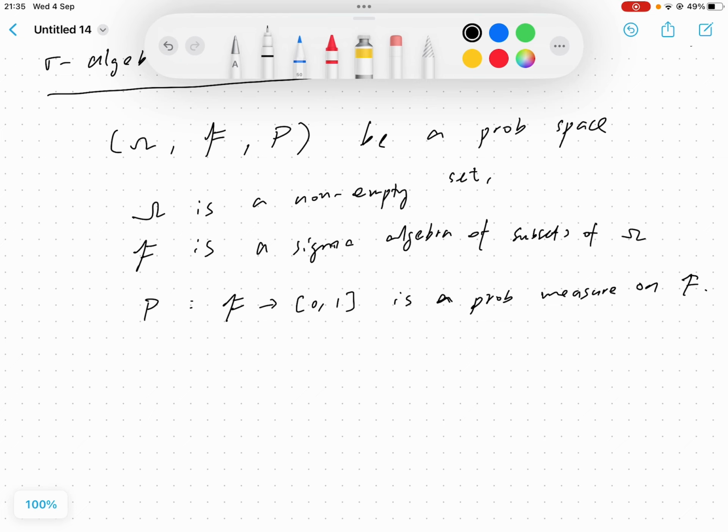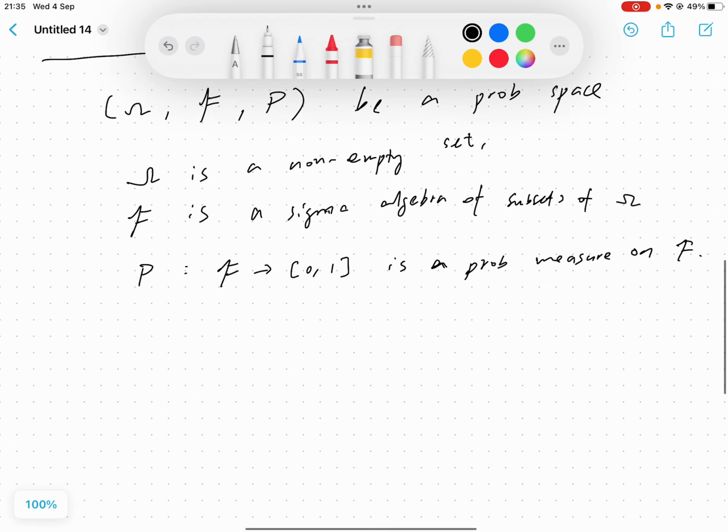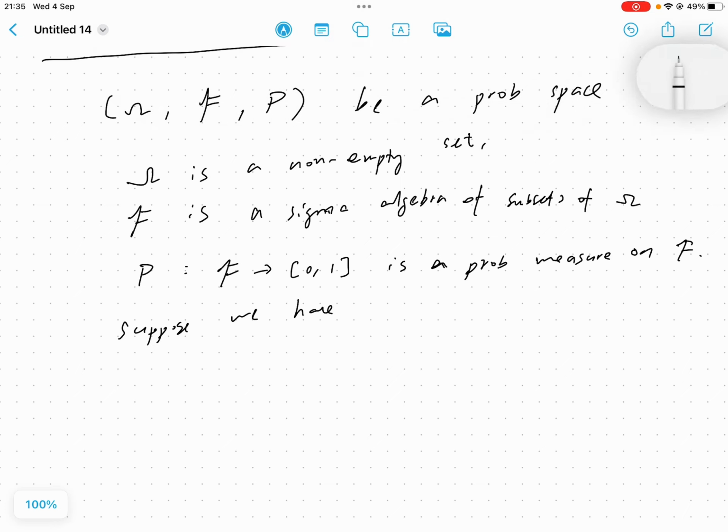So now what we're going to do is to have another function. Suppose we have a function X, let's say it's a map from omega to the real numbers.